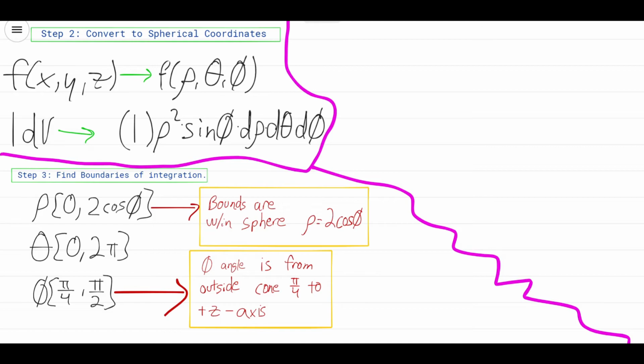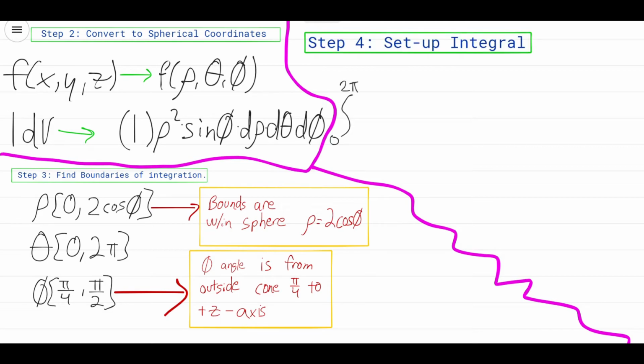So now that we have our bounds and we have our f of x, y, z, or an f of rho theta phi, we're going to go ahead and set up our integral. So 0 to 2 pi is our theta bound, which is going to be on the outside this time. Then pi over 4 to pi over 2, and 0 to 2 cosine phi.